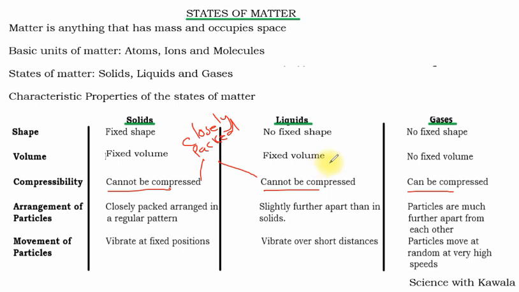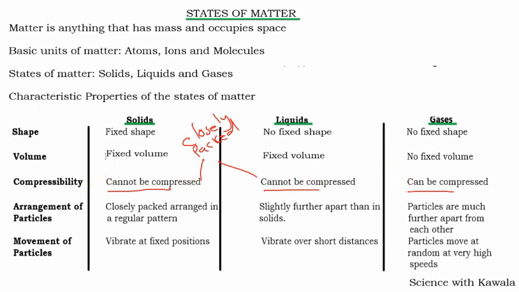So you can't compress solids and liquids. Even if you manage to, the compression will be so small that it will be negligible. For gases, you can compress them because the particles are really far apart from each other, so you can bring those particles closer together.